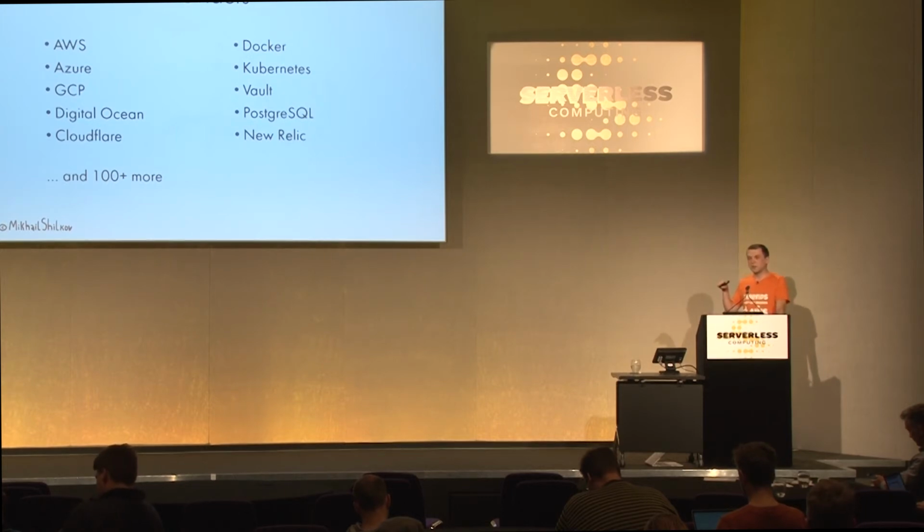And then it calls the providers, what they call providers, for CRUD operations: create, update, delete. And those providers are specific to the cloud, and there are literally hundreds of them. It's not just AWS, Azure, GCP, it's also not really cloud, things like HashiCorp Vault or Postgres or a monitoring tool like New Relic. You can also create your own providers because it's all open source.